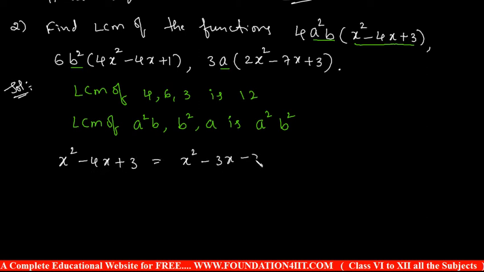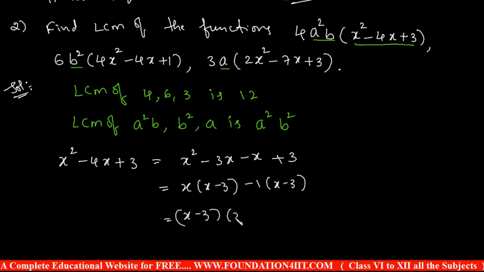So we can write minus 3x minus x, because minus 3 into minus 1 is plus 3, you already know that. First we should split into parts. x minus 3, minus 1 common, x minus 3. Now this is x minus 3 into x minus 1, for x square minus 4x plus 3.